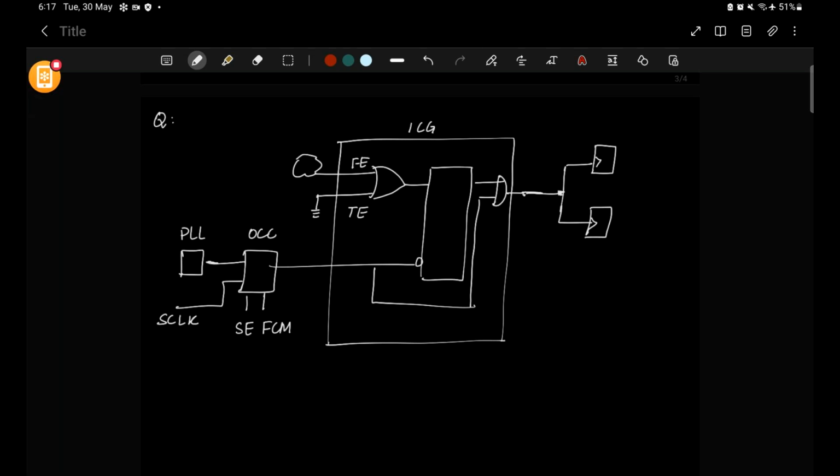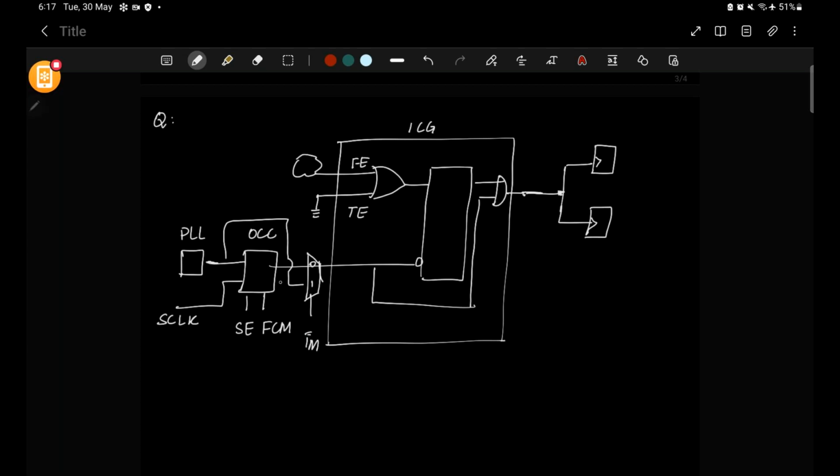Ma'am, after the OCC, after OCC generates the clock, there is a pin, no? Yeah, there only. If you add a mux, we should connect that OCC clock pin to 0 and fast clock to 1, and the select line we tie to the test mode signal. Yeah, ma'am.